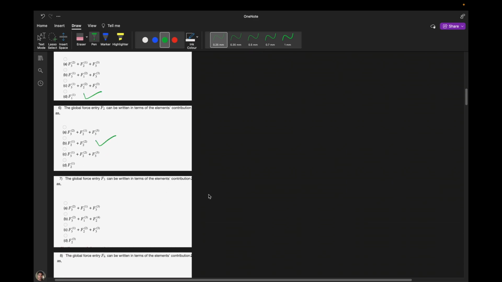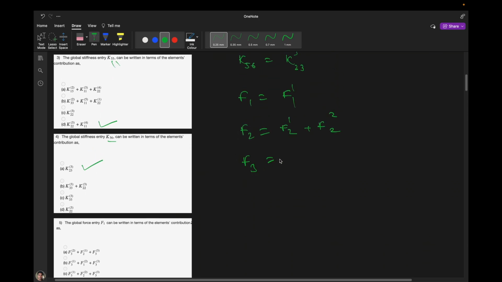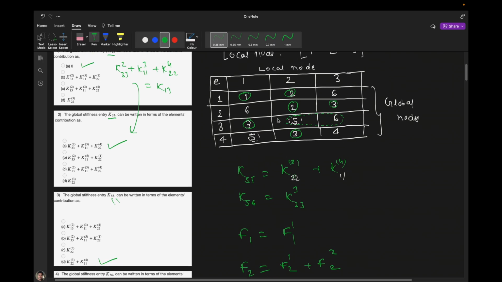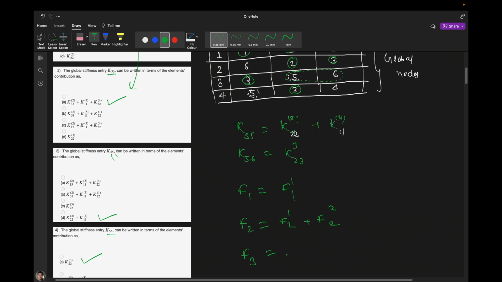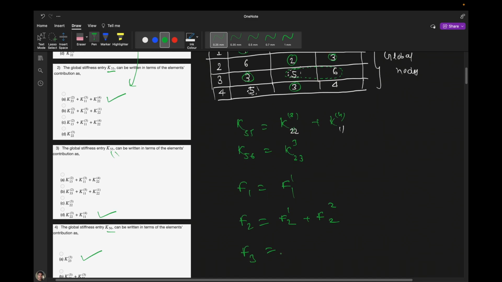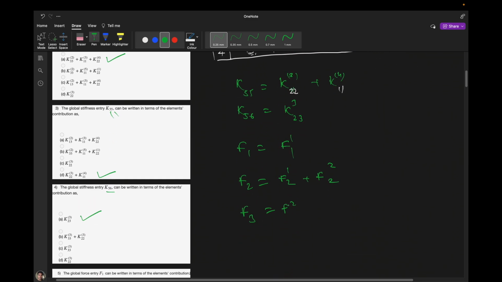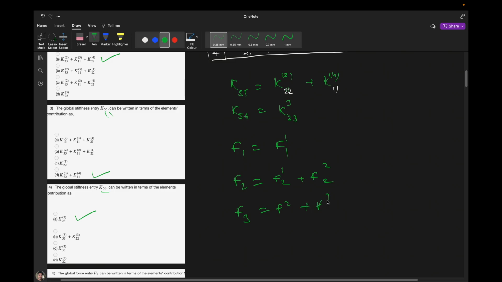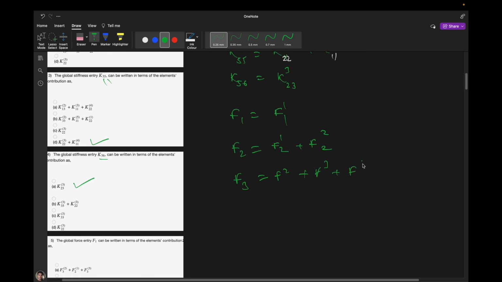Now it is saying what will be the global force entry F3. So let's see F3. We need to search 3 here. Okay, so there are 3 3s. Here, here and here, and that will be shared by element 2, element 3 and element 4.